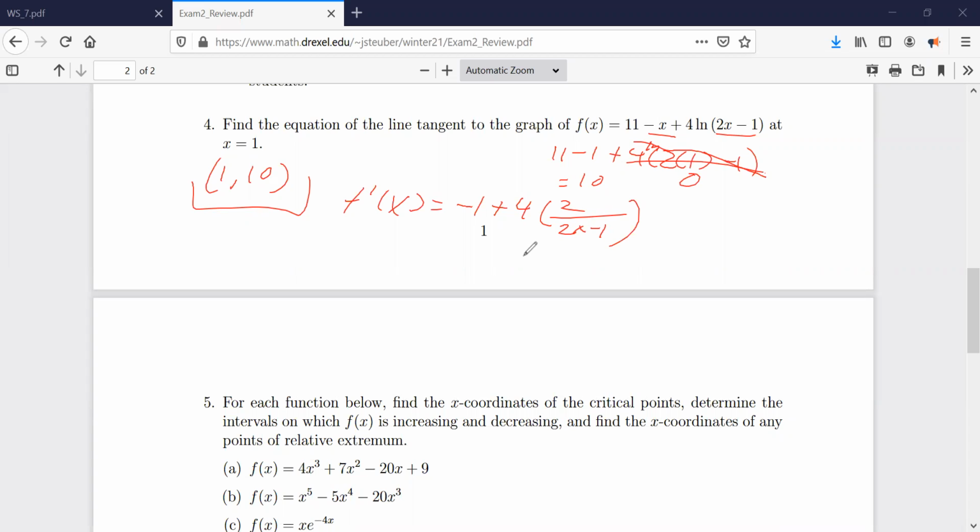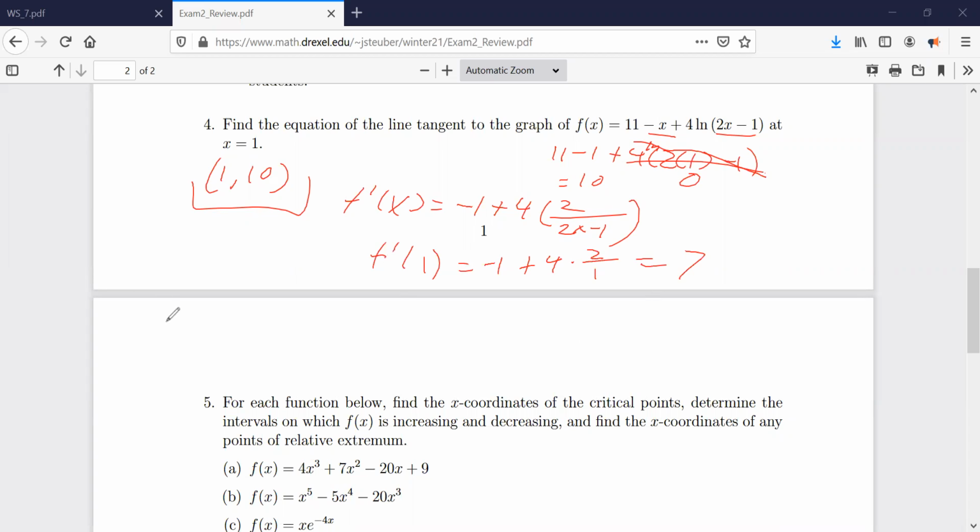If I plug in 1 for x, I do f'(1), and I get negative 1 plus 4 times 2 divided by 1, which is equal to 7.